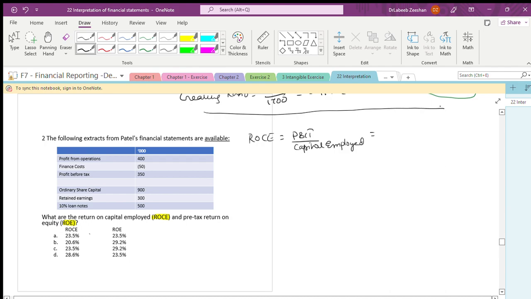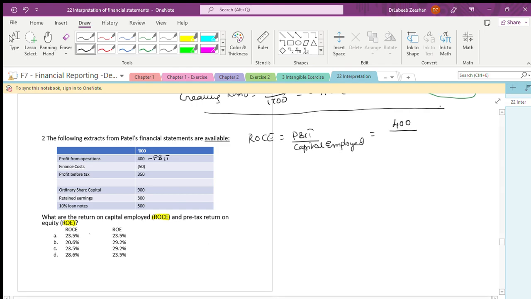Profit before interest and tax is how much? They have given here profit from operations. This is profit before interest and tax. How much is it? 400.